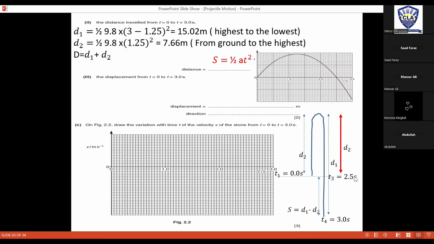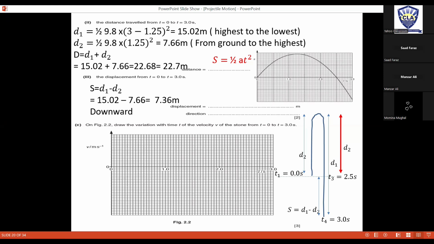So 1.25 से 2.5 तक जो ट्रेवल करेगा वो डिस्टेंस D2 कहलाएगा. So total distance, add them up. Total displacement. Now actual displacement is from the starting point to end point. This displacement will be D1 minus D2. This will be your displacement and it will be downwards.